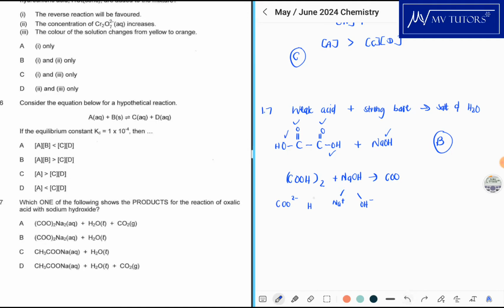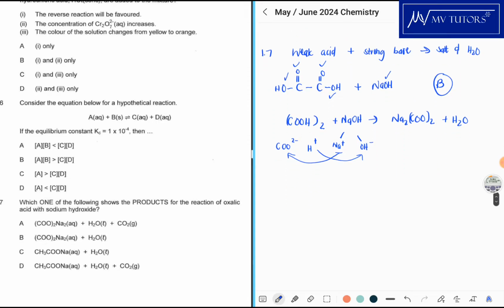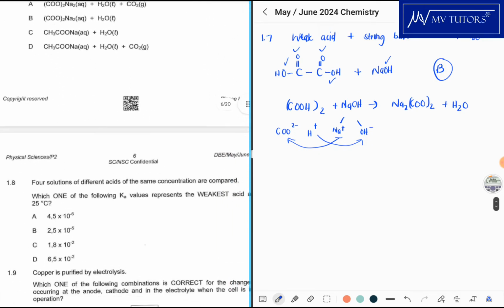So H would bond with OH, hence you have H2O. I would have written it with the sodium in front, because I prefer putting the positive in front, and then water. But because we have two of that, we just need to put it there. That's if you knew what oxalic acid is, but if you didn't, you just have to gauge it.